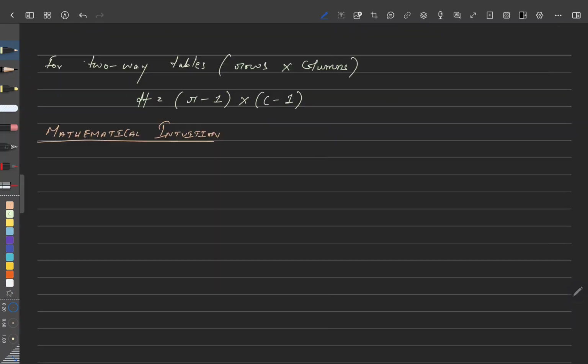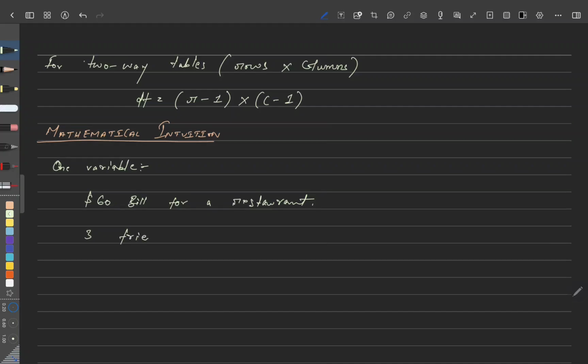Mathematical intuition. Let us take an example of one variable. Let us say that we have a bill of $60 for a restaurant, and we need to find the possibilities of how we can split that bill amongst 3 friends.